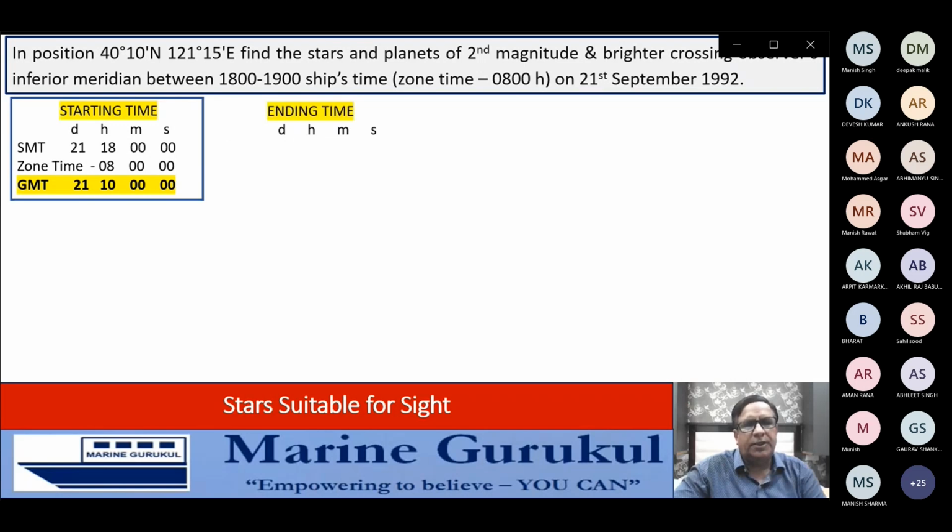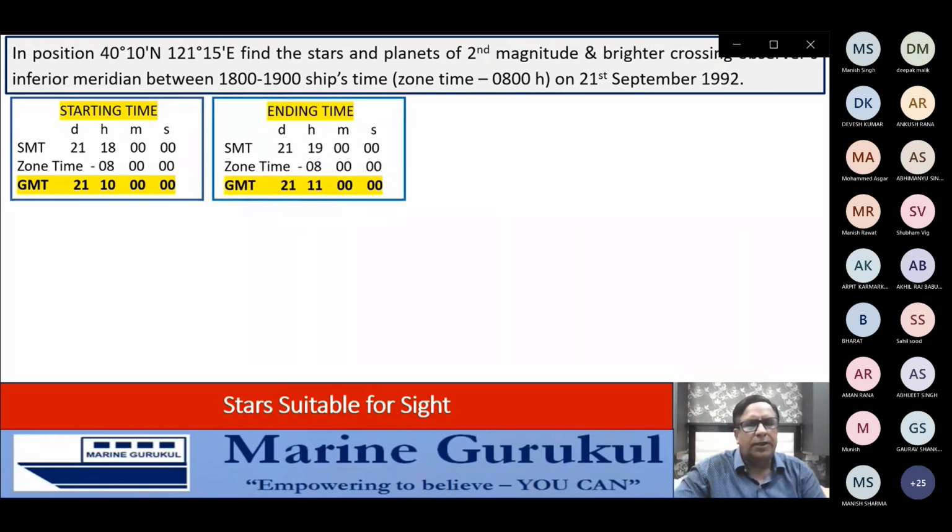We get the GMT at the end of the interval, which comes to 21 day 11 hours 00 minutes 00 seconds. Now we get LHA Aries for both these GMTs. GHA Aries at commencement time is 150 degrees 31.9 minutes.